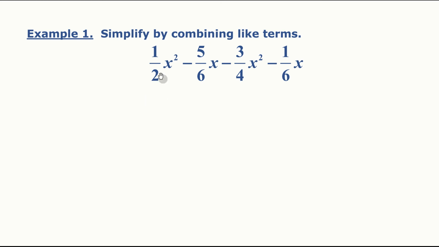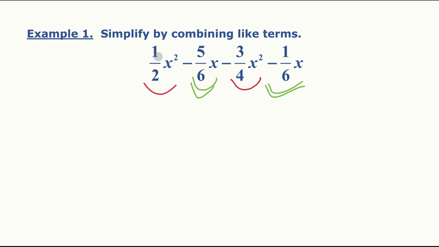All right, so we noticed that we have like terms here and here. Those two would be considered like terms, and these two are like terms as well. So if I put maybe a single mark under these and a double mark under those, there we have our like terms.